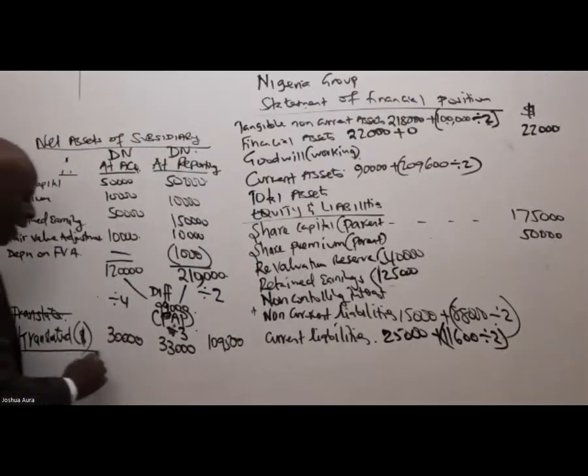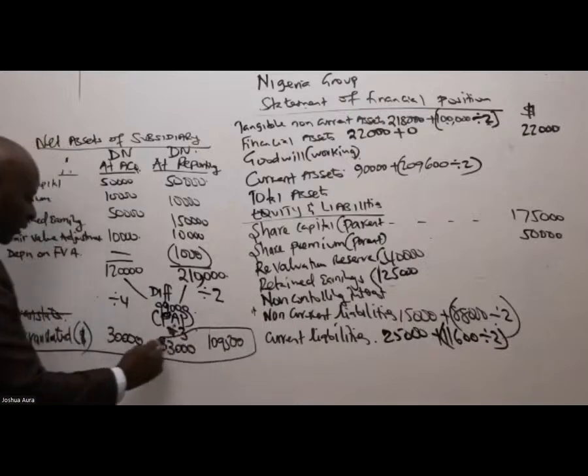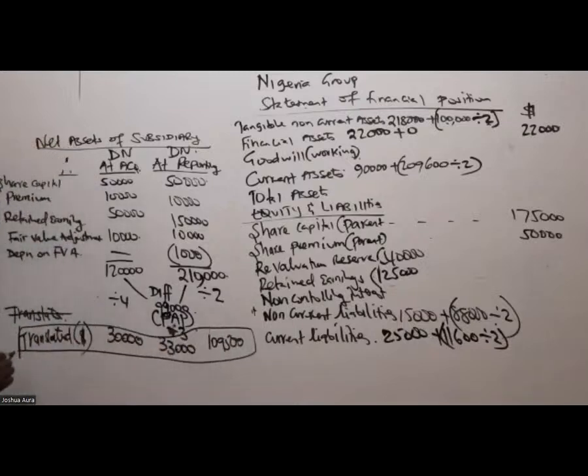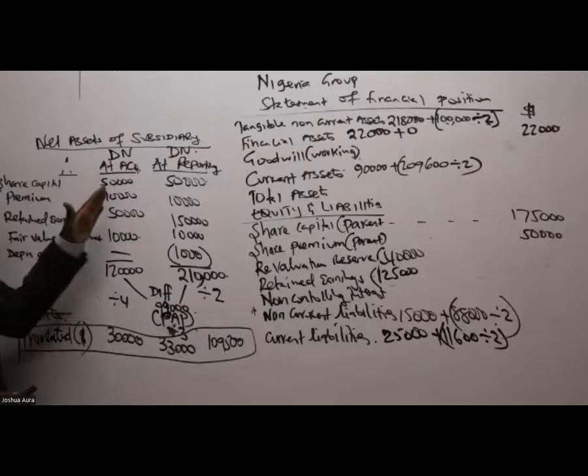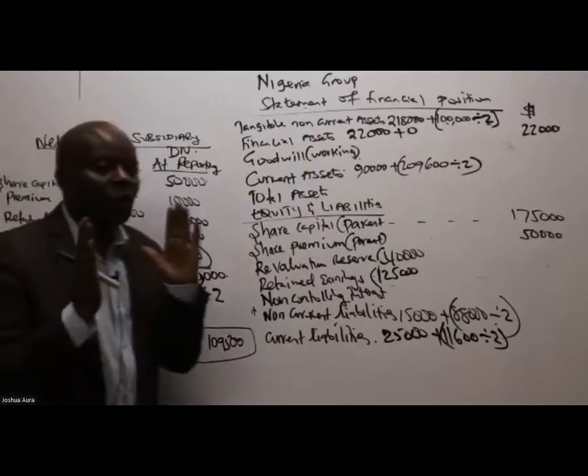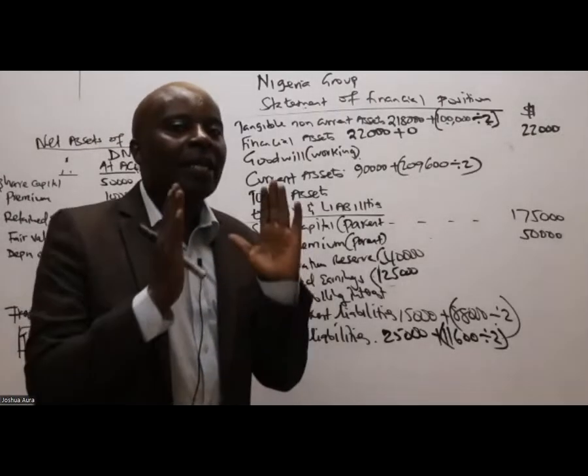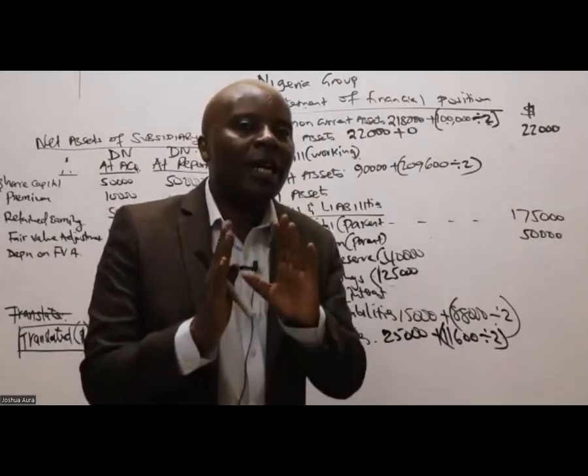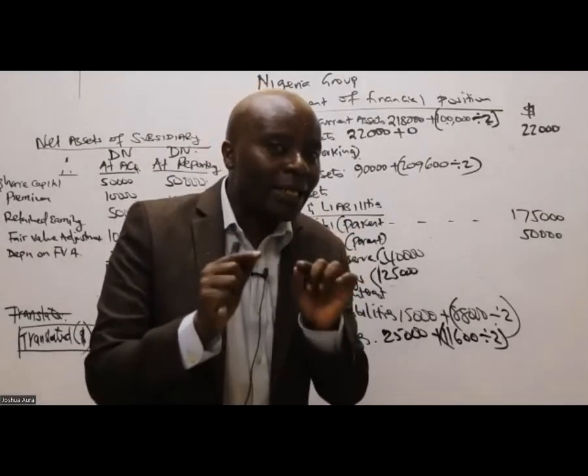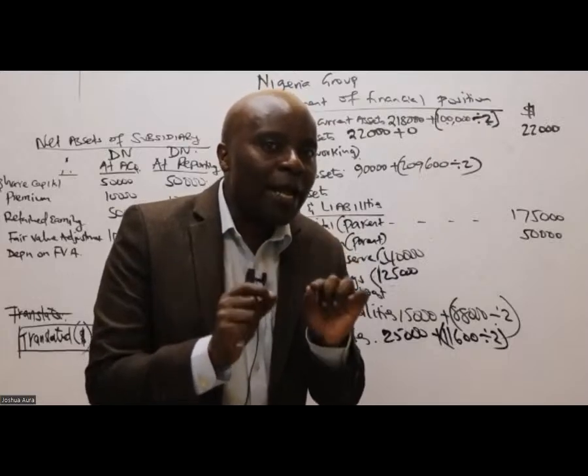Highlight this entire thing with a yellow highlighter. And the moment you highlight, please let me know that you have been able to highlight, because this now marks the end of our net assets. We've been able to get the net assets of the subsidiary at the currency of where it is based.